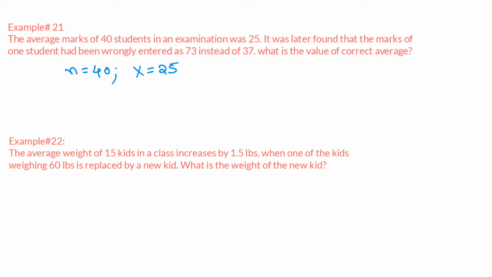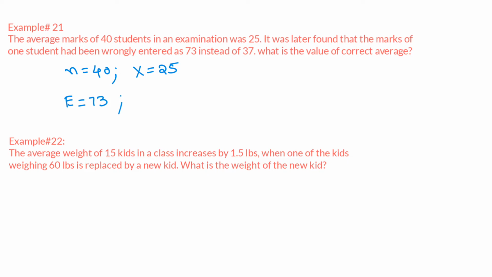And the second statement is very important to us. Here, the marks are wrongly entered as 73 instead of 37. So 73 is the existing entry, and it has to be replaced with the correct marks, that is the new entry 37. So if I'm considering the existing entry is equal to 73, then the average was 25.